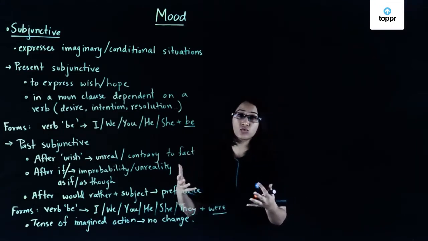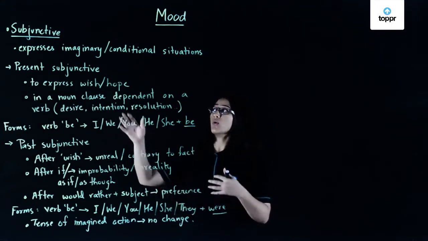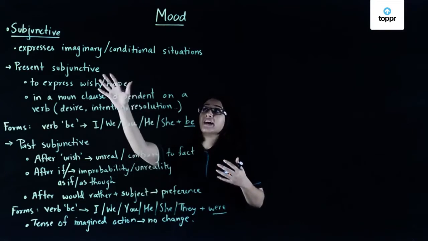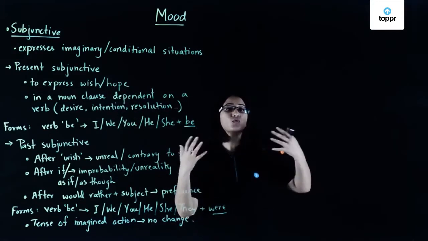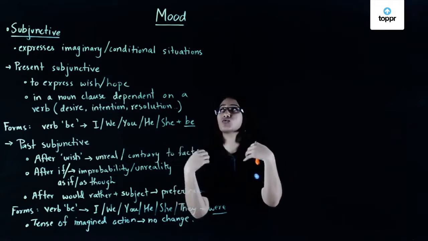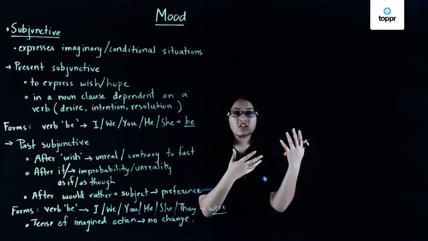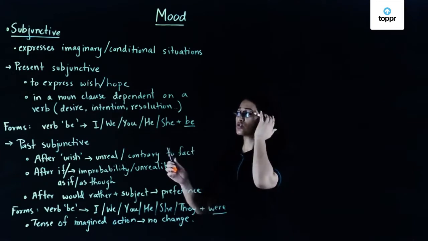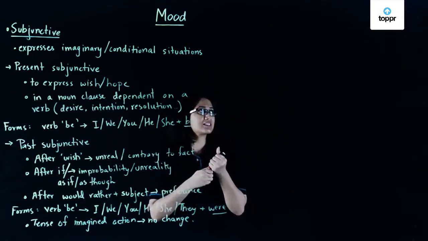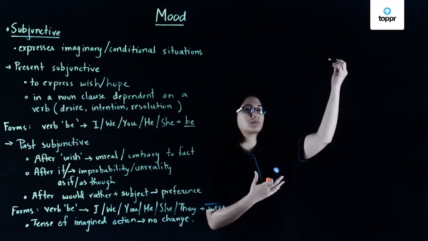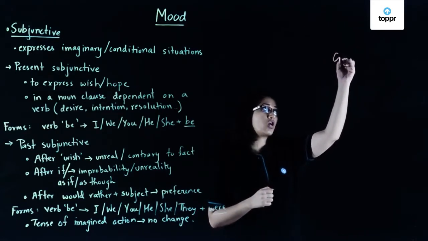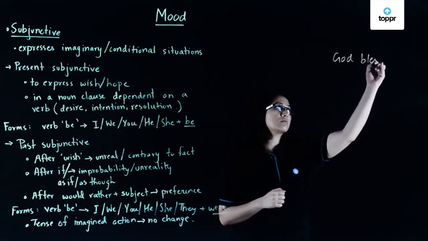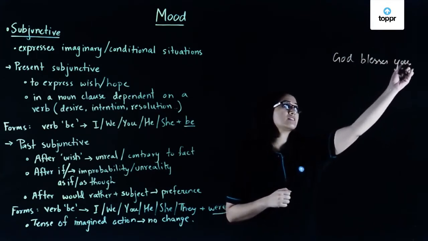So the subjunctive mood of a verb is used whenever we want to talk about an imaginary or a conditional situation. So these are just assuming that something is true or something imaginary is being talked about. So normally you would have sentences such as this. Let's just take a sentence to talk about the subjunctive mood. God blesses you, right?